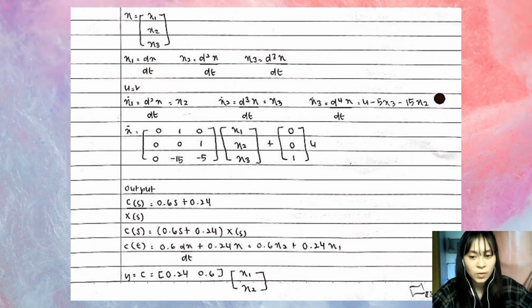Then we'll put in the equation y equal to Cx, and it will produce a 1 times 2 matrix of 0.24 and 0.6, times a 2 times 1 matrix for x1 and x2.